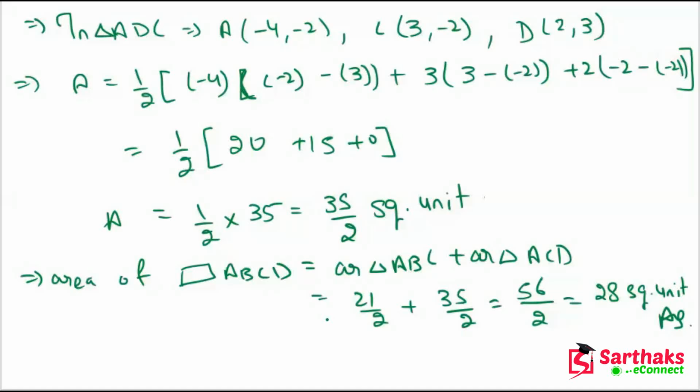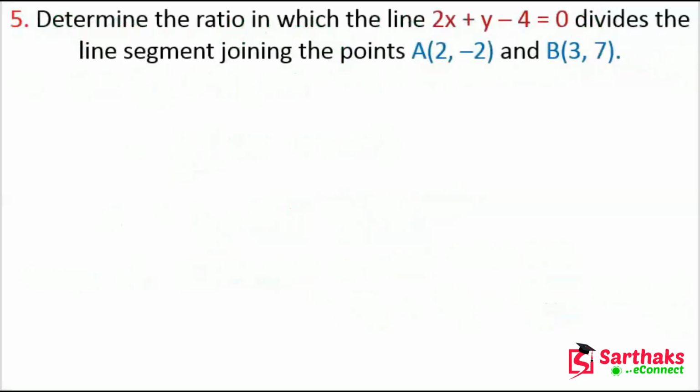Okay, move on. Question number 5 is: determine the ratio in which the line 2x + y - 4 = 0 divides the line segment joining the points A (2, -2) and B (3, 7).